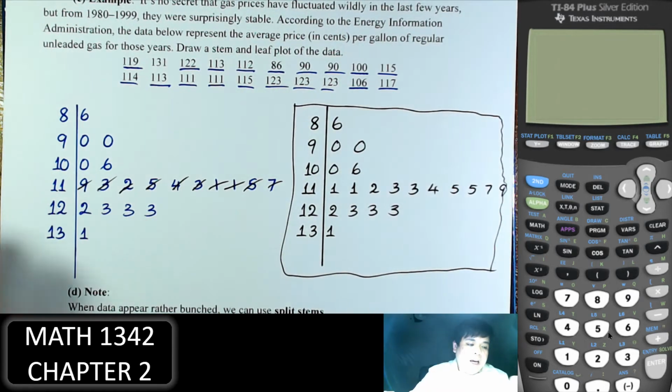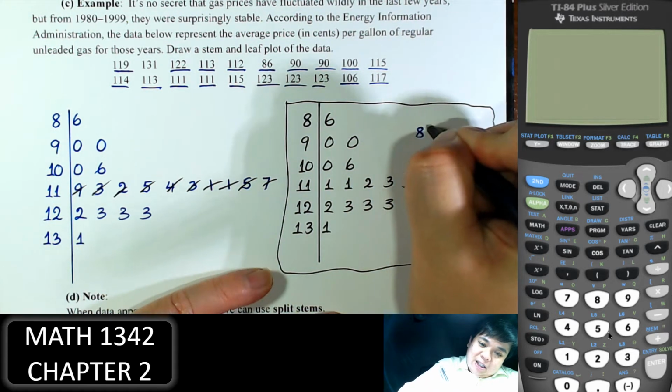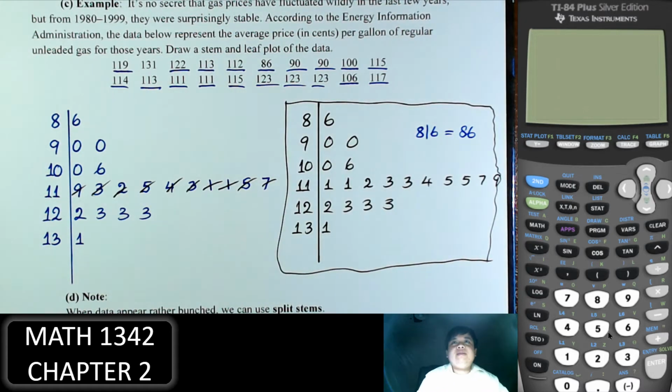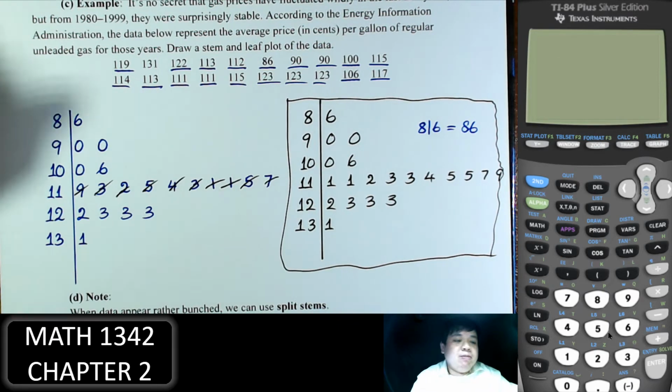If we want the legend, we can say that by 86 we mean 86. So stem and leaf, very easy.